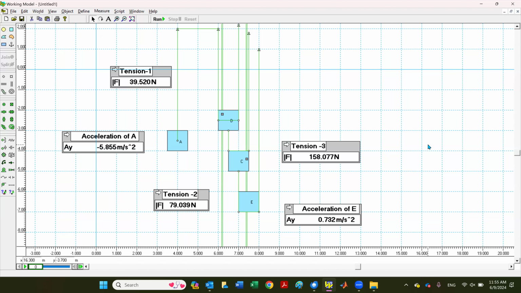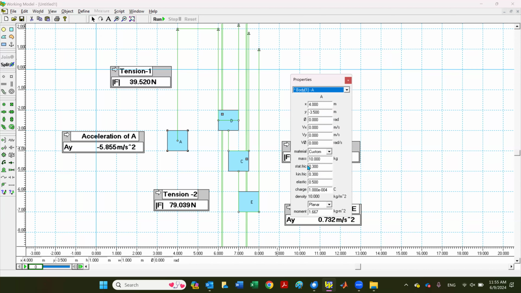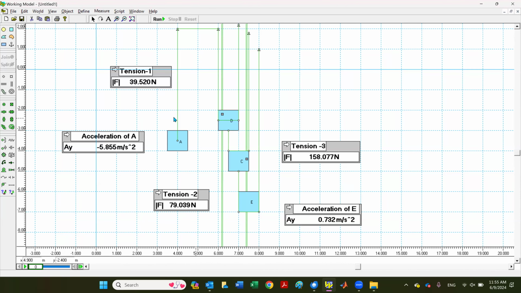All right, guys. So see what I did actually here. I created these blocks here. Block A, look, the mass of it is 10 kilograms here. And block E, the mass is 30 kilograms, right? And what I did is I have 3 cables here.